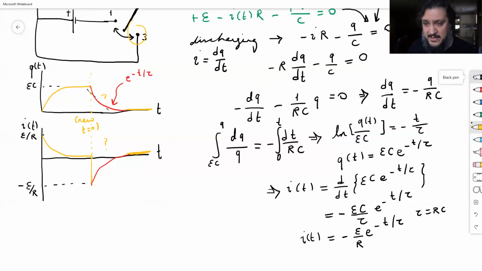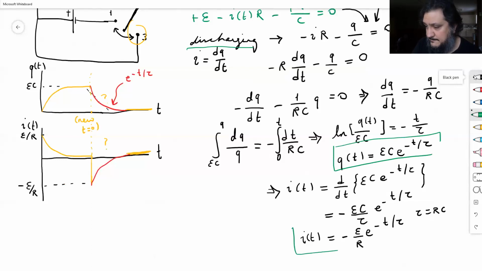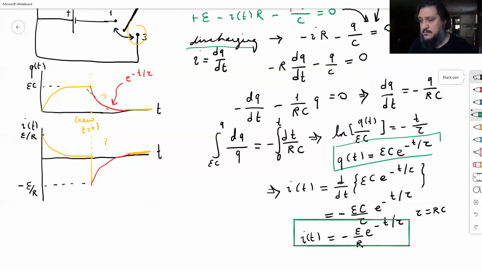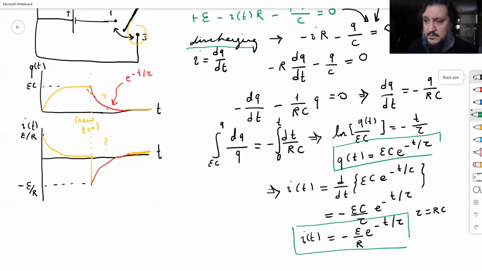But we're not interested in that right now. This is actually the solution here, like you see. So this is the discharging phase, and these are the formulas for charge and current.